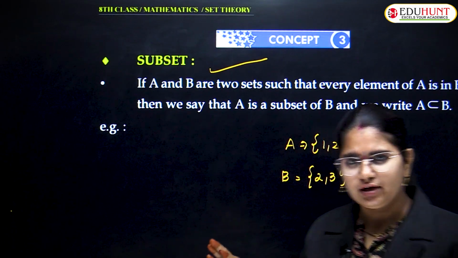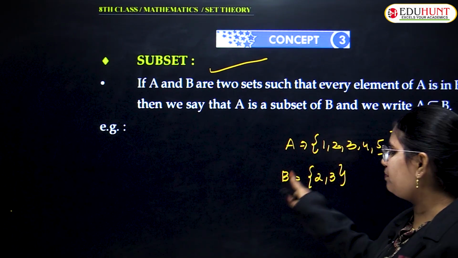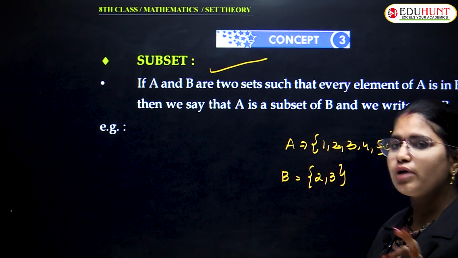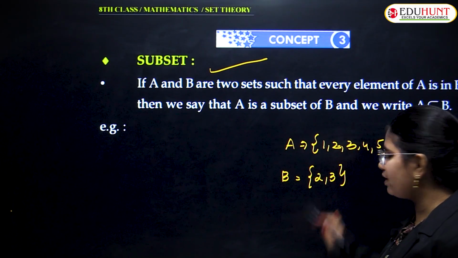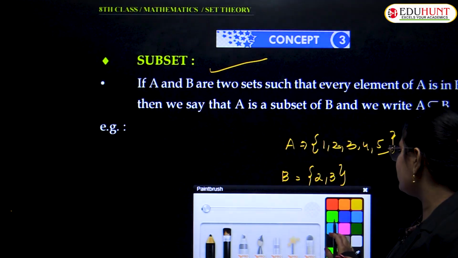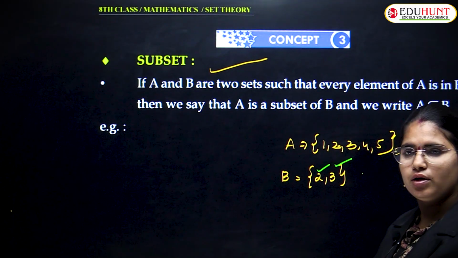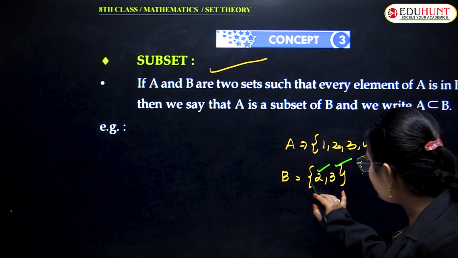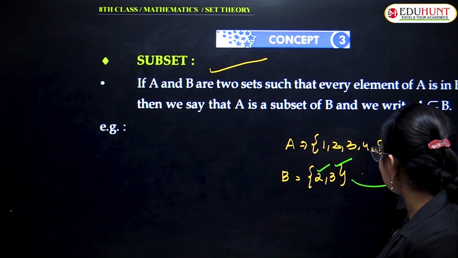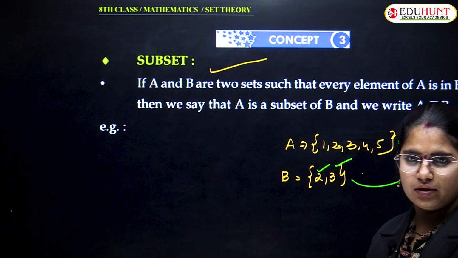I have taken sets A and B. If you observe the elements of set B, what are they? 2 and 3. Both of these elements also exist in set A, right?